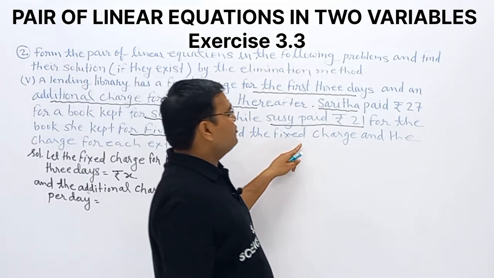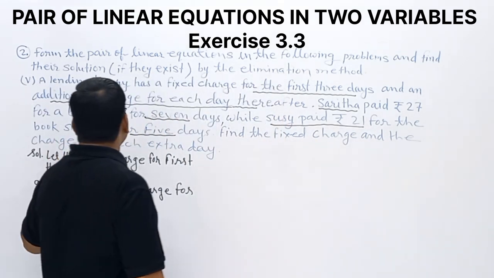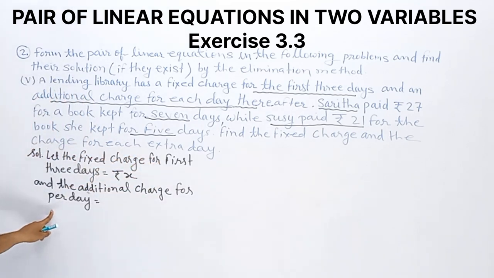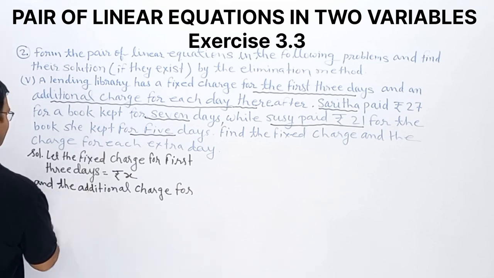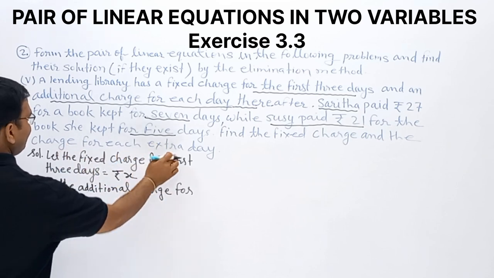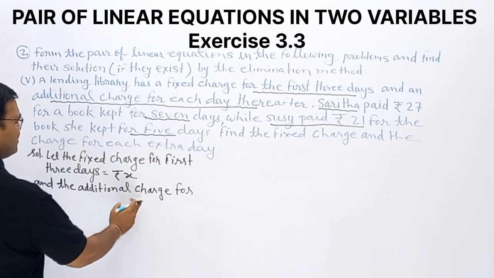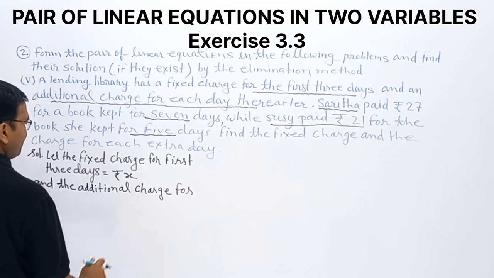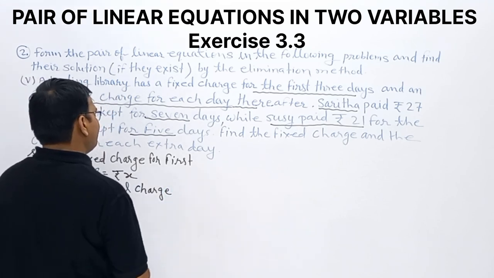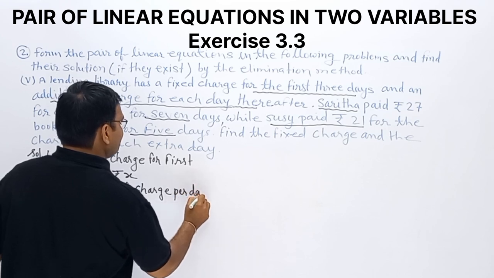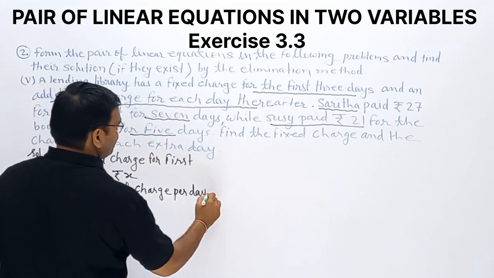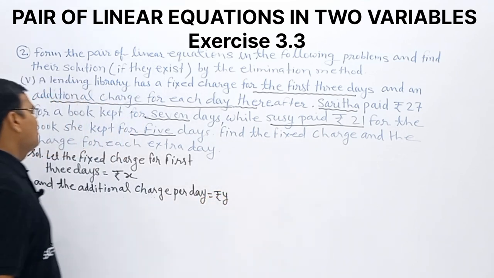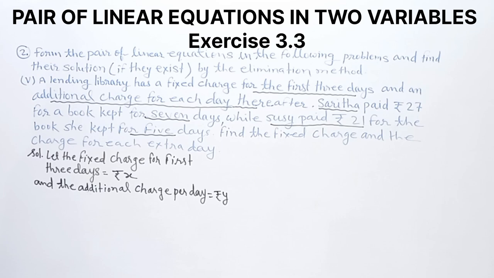The fixed charge for the 3 days we assumed as X, and the charge for each extra day, the additional charge per day, we are assuming as rupees Y. So whatever thing we want to find, we are assuming.